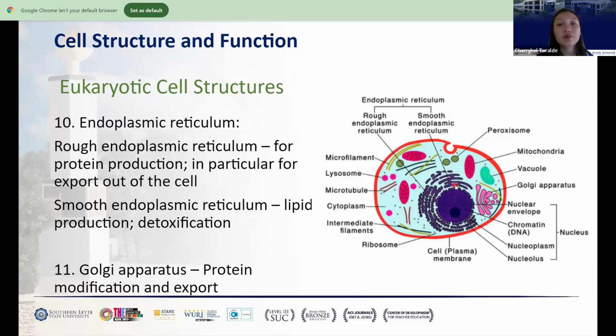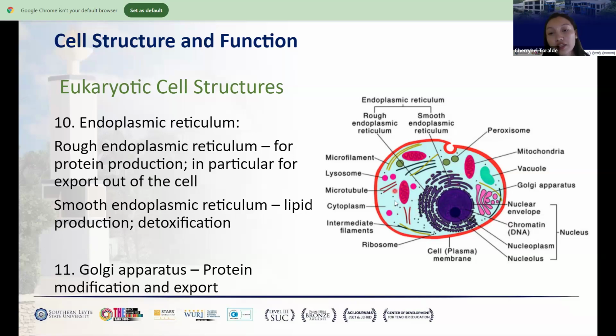Di ba? Our cell membranes kasi are made up of lipids. And also for detoxification. Di ba? So, sa mga mahilig sa alcohol, dapat maraming smooth endoplasmic reticulum.